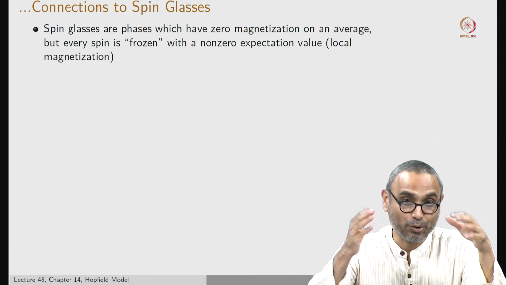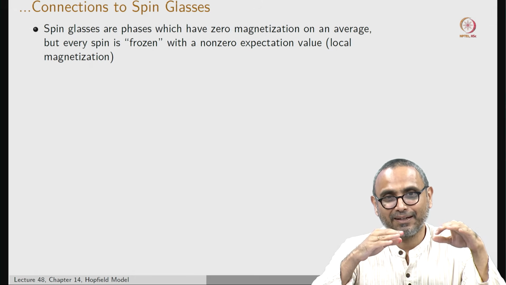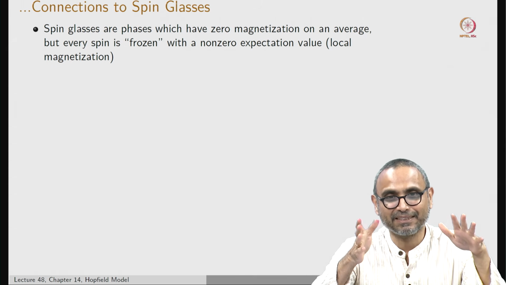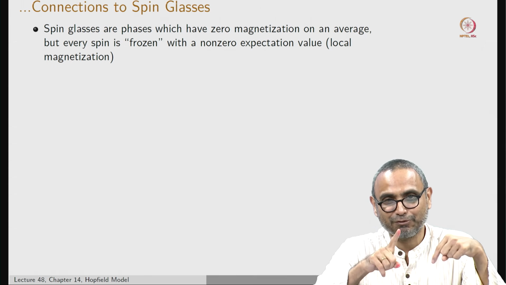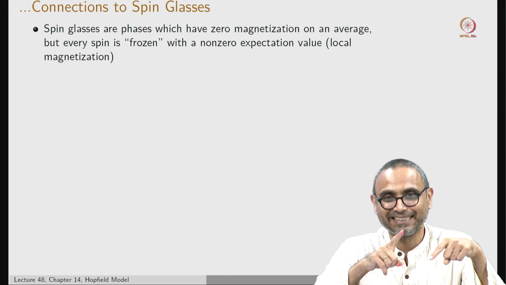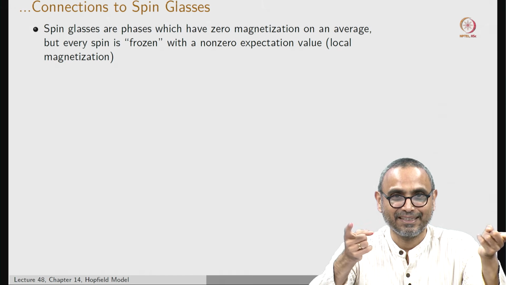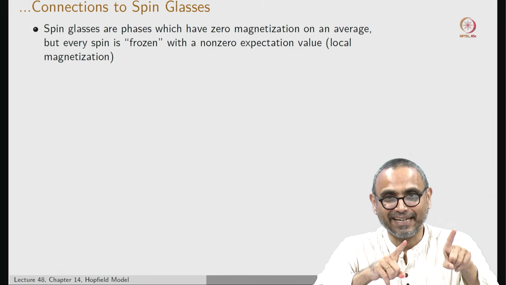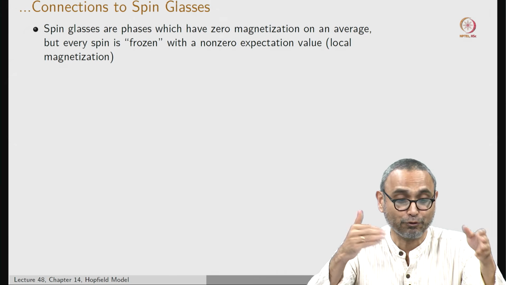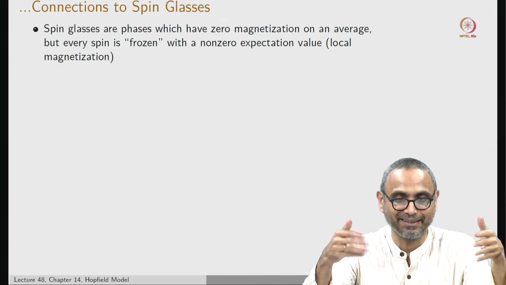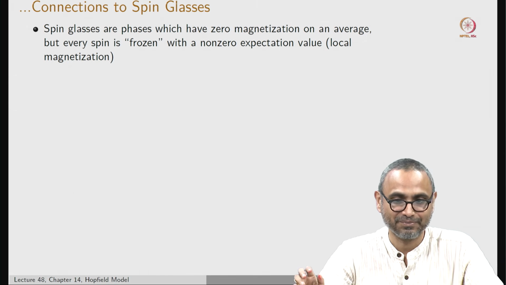If I go sufficiently below a certain temperature, which is called the critical temperature, you will see that the spins will start to lock in certain orientations at different sites. They will get locked there, and every spin is frozen in some random state, random because the couplings are random.